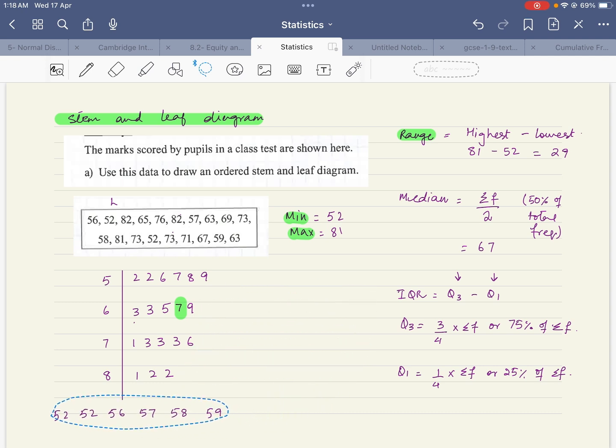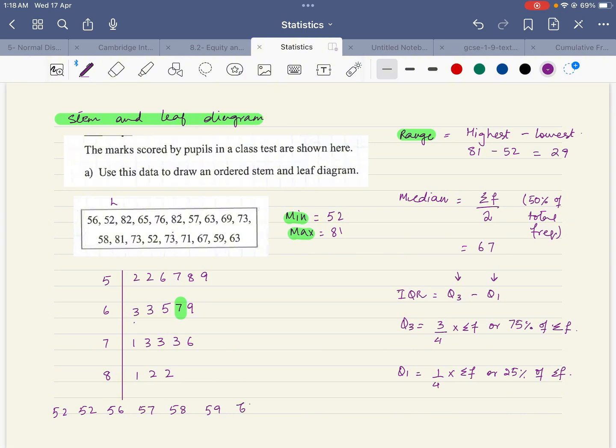I want to write it somewhere where I can show you something very clearly, like 63, 63 and 65. Now whatever is middle of this data is Q1, right? Means the data before median, whatever is in the middle of that data is Q1. So let's see.